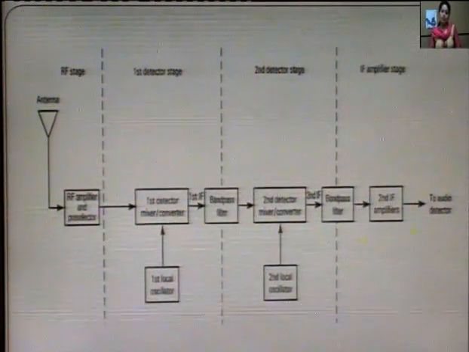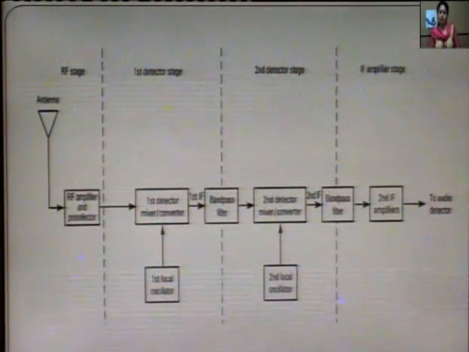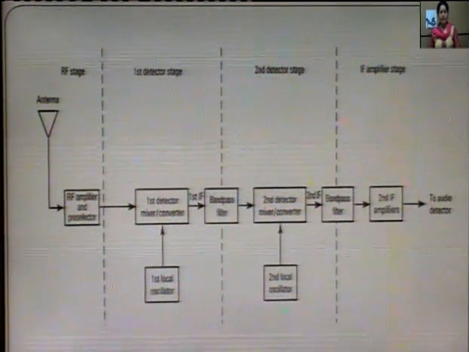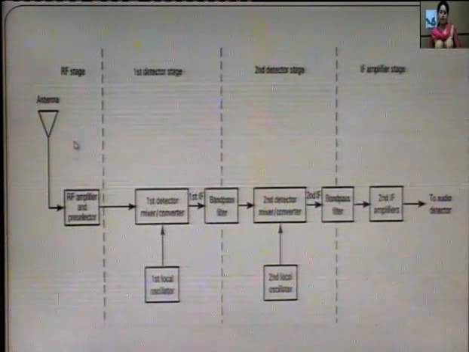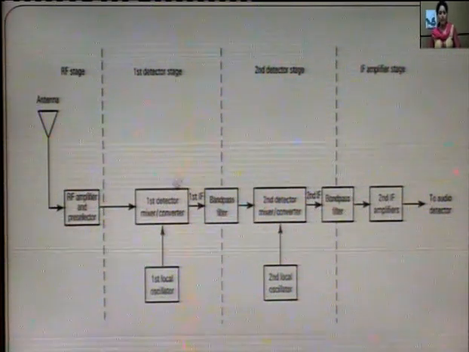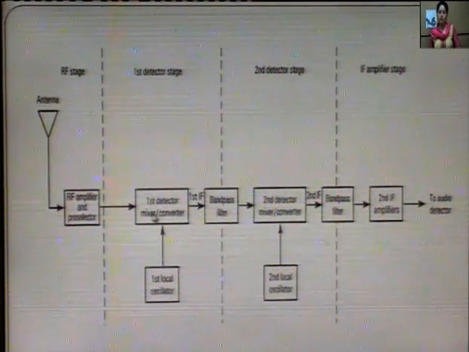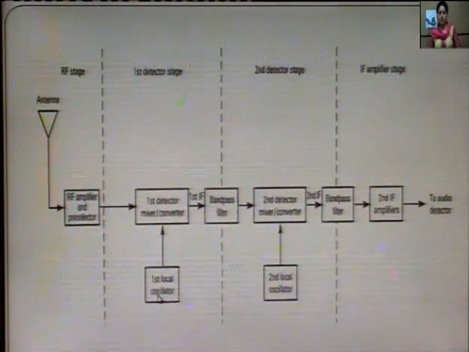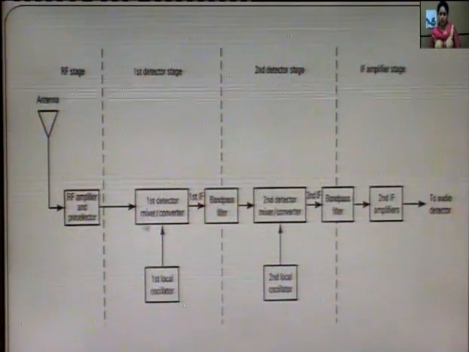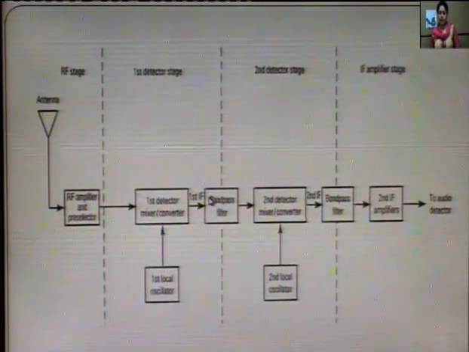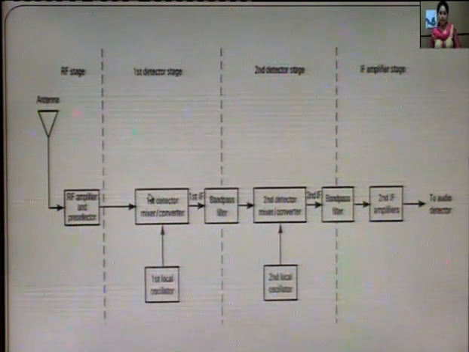This is again the block diagram of your communication receiver. Here a detail of stages is given: in the RF stage you are having the RF amplifier and a preselector block. In the first detector stage, you are having the first mixer that is attached to a local oscillator. The second input to your first mixer is from the local oscillator, and the output is given further to a band pass filter after providing the superheterodyne principle.